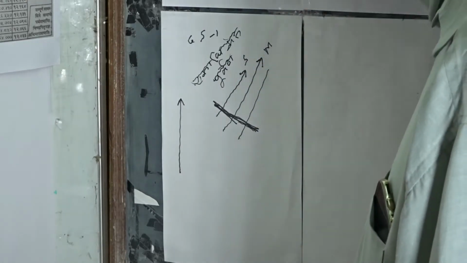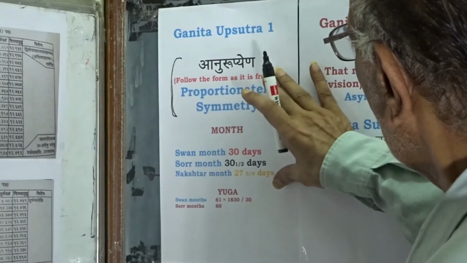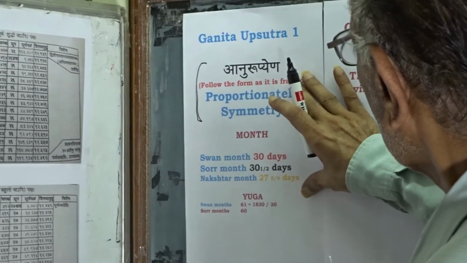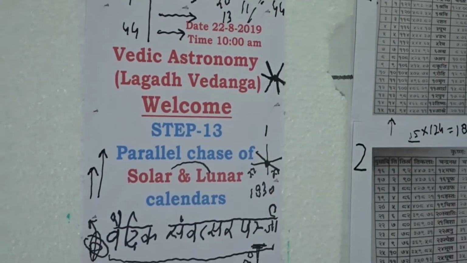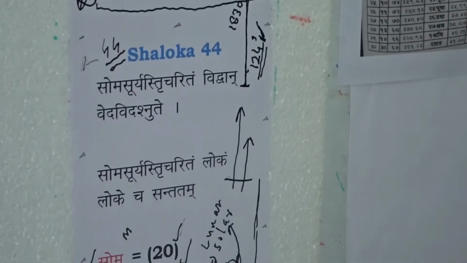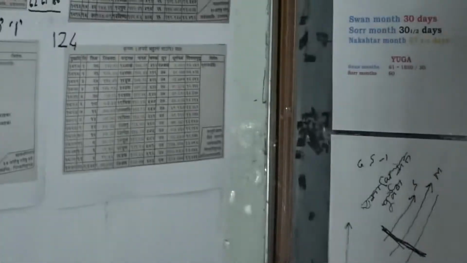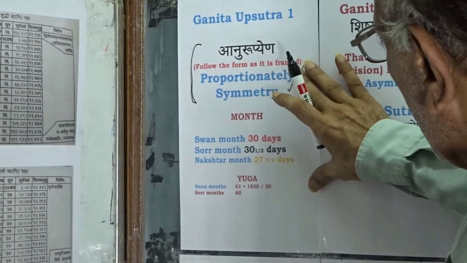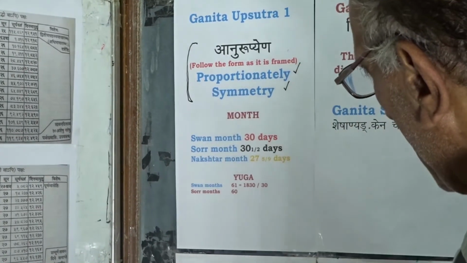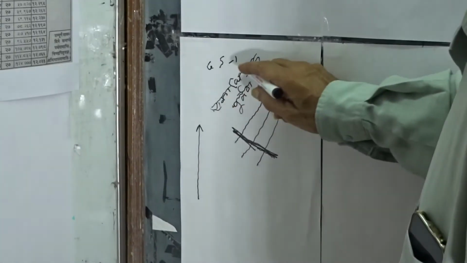Therefore, Ganita Upsutra 1 is the principal sutra in terms of which there is going to be a parallel chase for solar, lunar as well as the nakshatras. This symmetry, this proportionality rule, can be taken as an extension of the principle of Ganita Sutra 1.